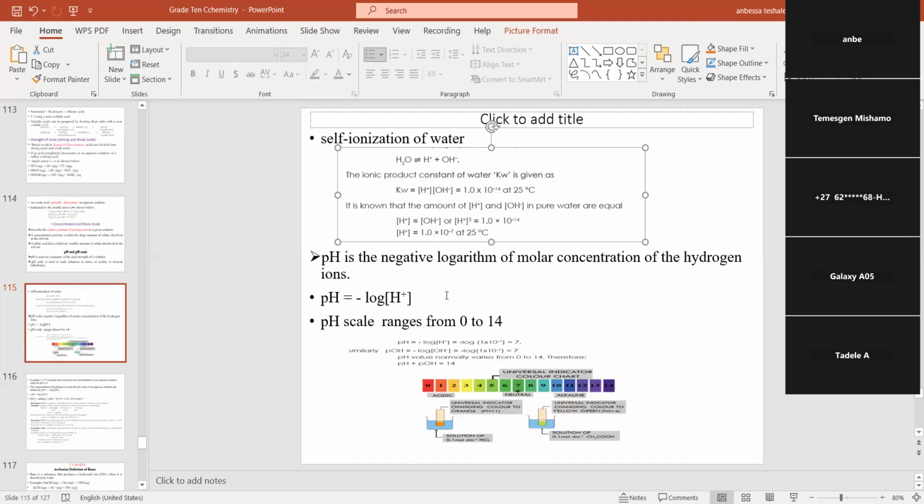So literal definition of pH ምንድነው ካለን pH is negative logarithm of the molar concentration of hydrogen ion.